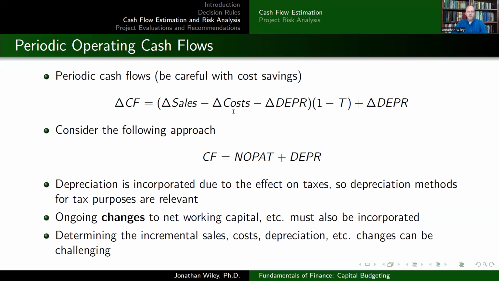And ultimately, I'll show in a subsequent video in Excel how you could line this out and present it line by line to show the different cash flows and ultimately get to your operating cash flow per year. And as long as you're careful with your signs, there's more than one way you could do the math.